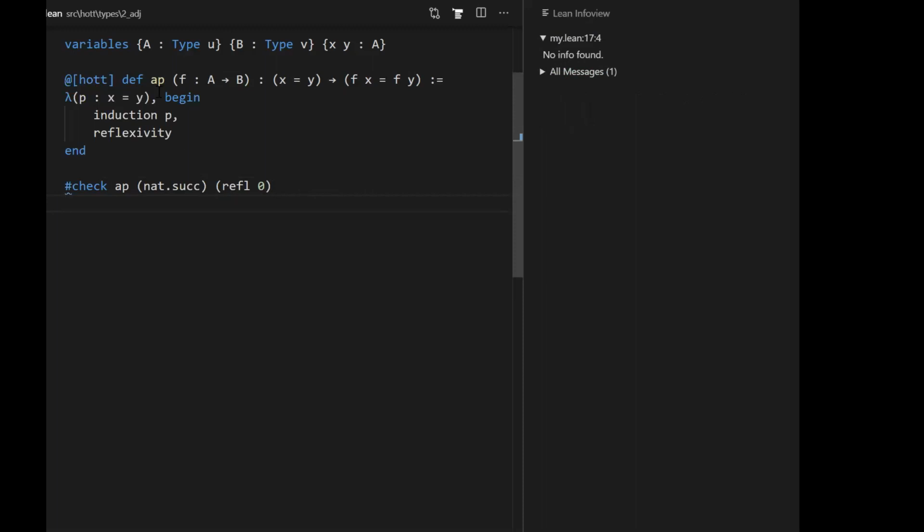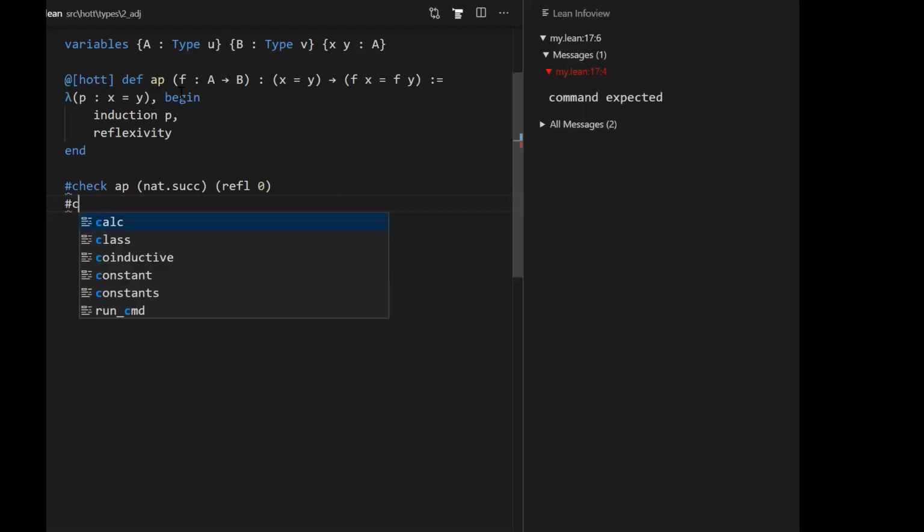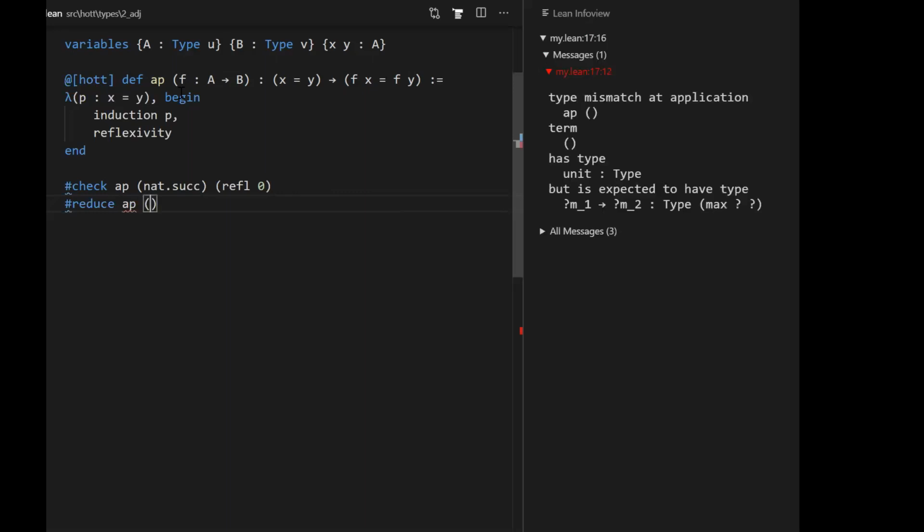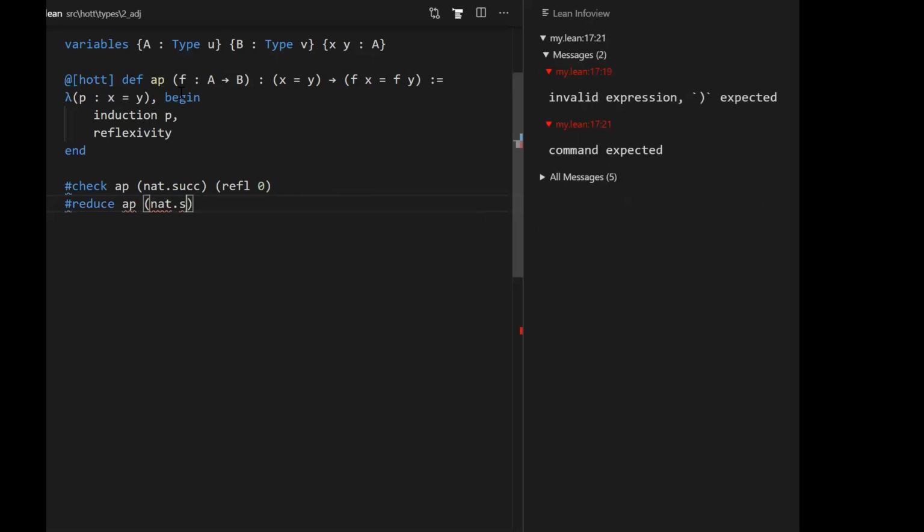Because of the way that AP is defined, we know that if we give a reflexivity path as input into AP, then we get a reflexivity path in return. So I can just check that Lean is aware of that: passing refl 0 through the successor function is actually just refl 1.